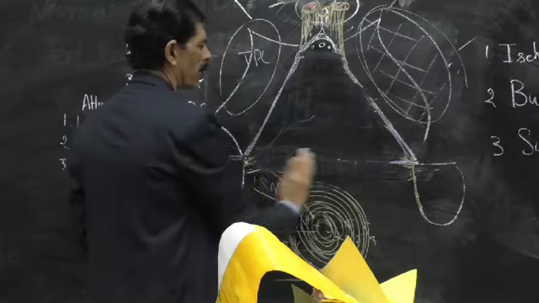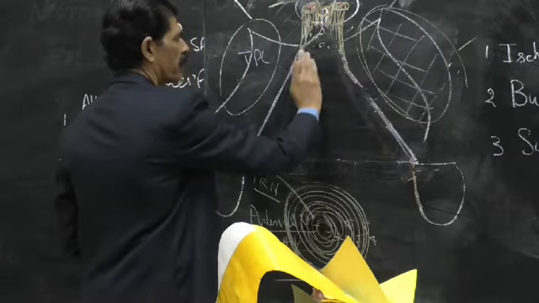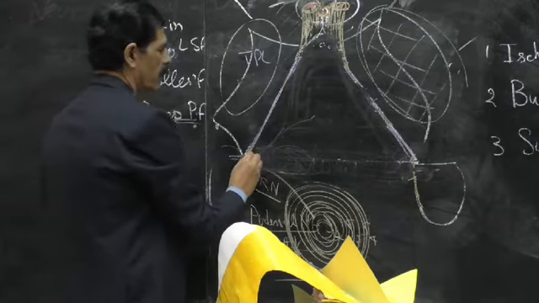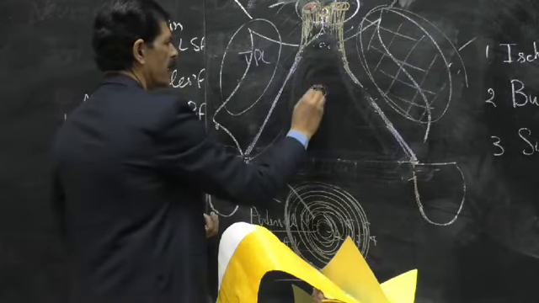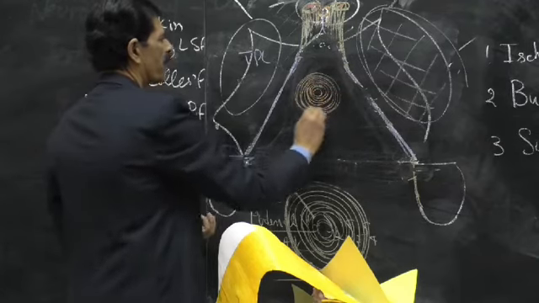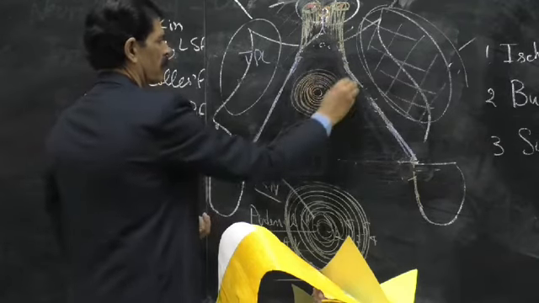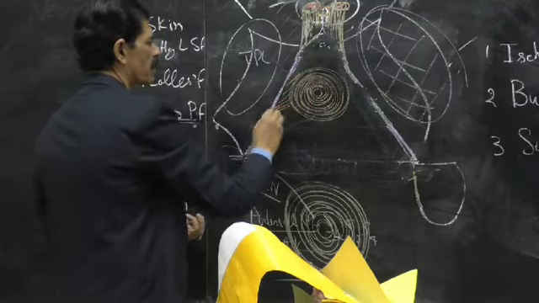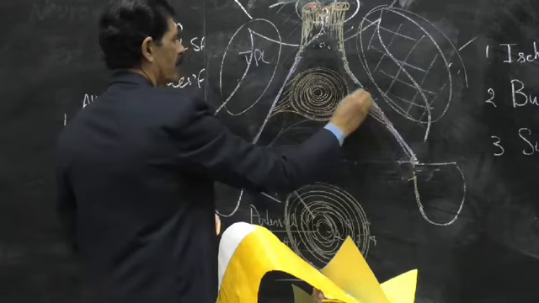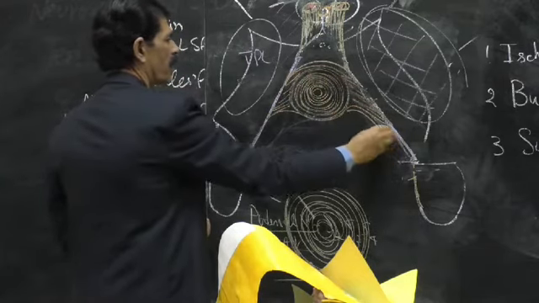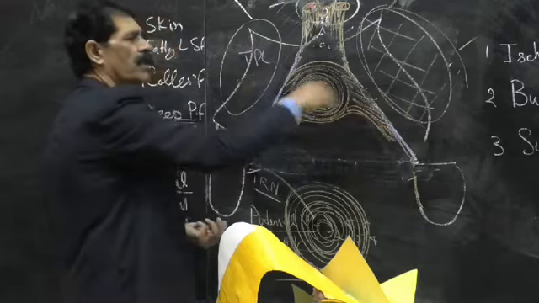Another muscle layer is there below the membrane. Around the urethra there is a muscle that is called the sphincter urethrae. It takes origin from the ischiopubic ramus and goes around the urethra.